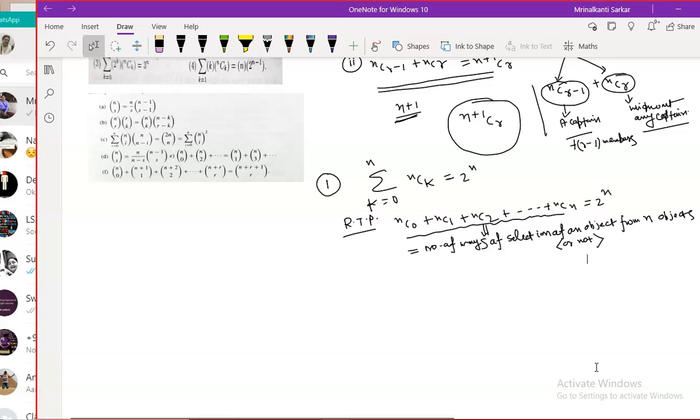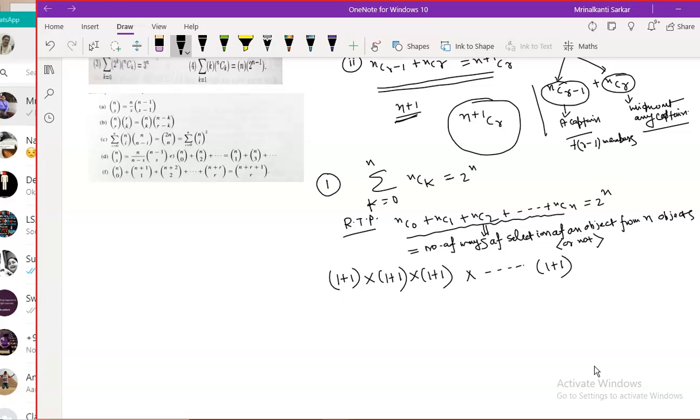Somebody says you can think differently. For each person, selection can be done in this manner. For the first person, either selected or not, it can be done in 1 plus 1 ways. Second person, either selected or not, 1 plus 1 ways. Third person, the same, 1 plus 1 ways.